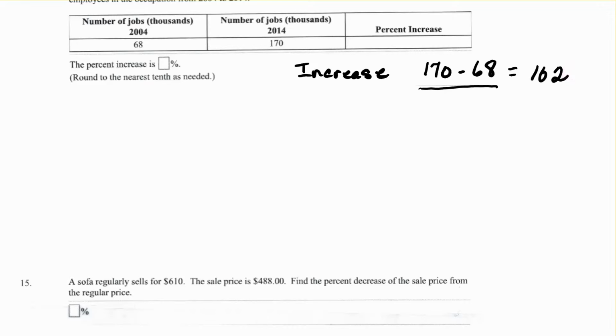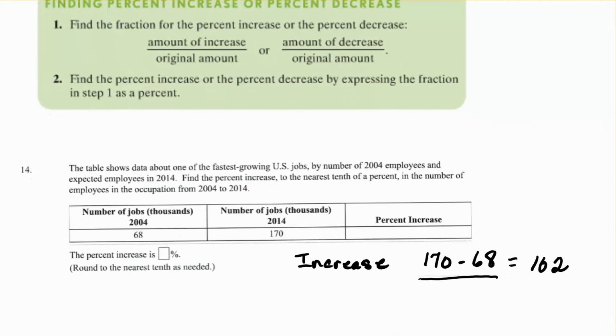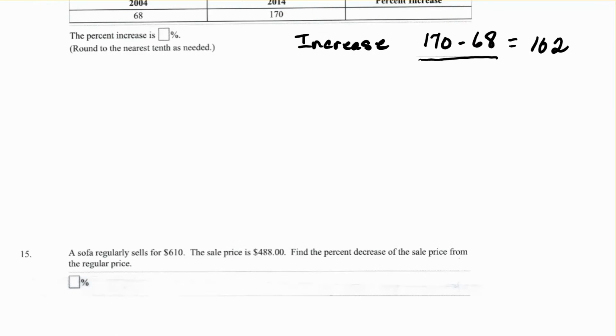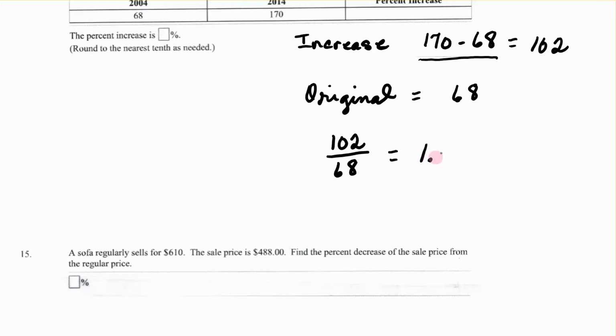Now remember our formula. The formula says the amount of increase over the original amount. The original was 68. So it is 102 over 68, which is 1.5.